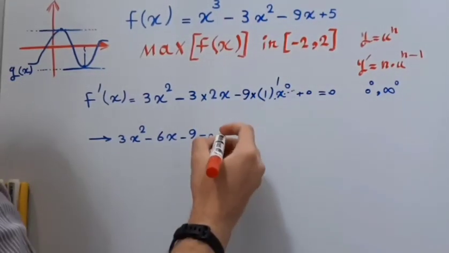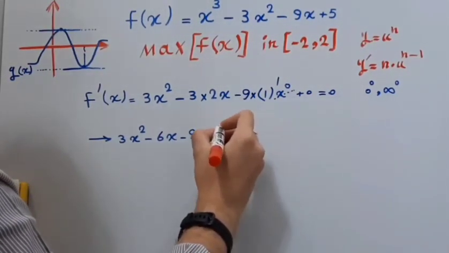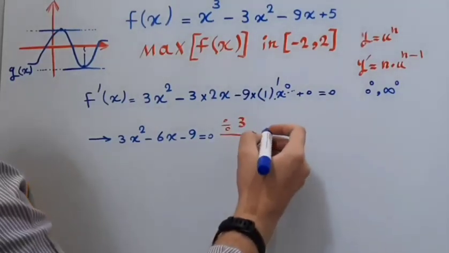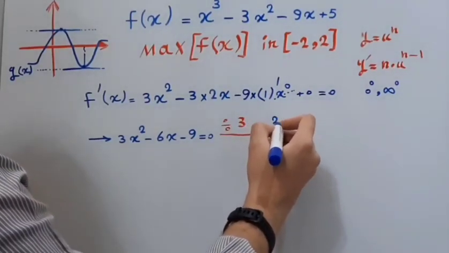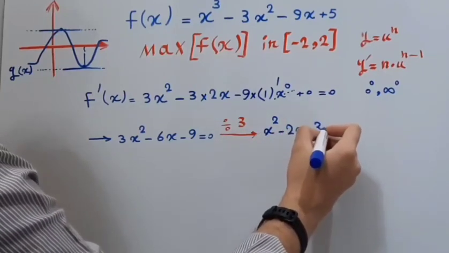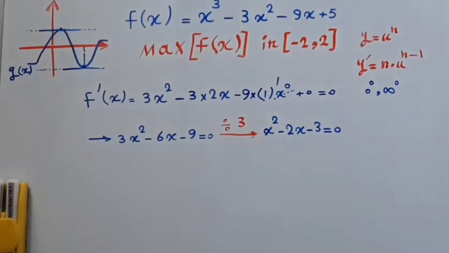Let's simplify this and divide it by 3. X to the power 2 minus 2x minus 3 equals 0.